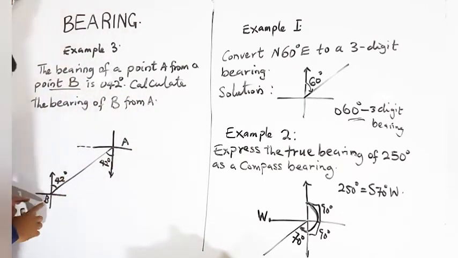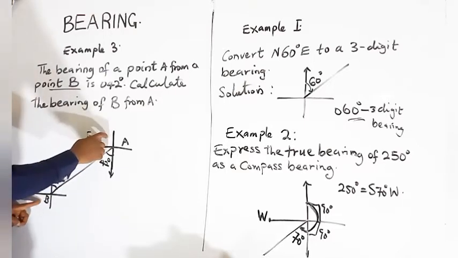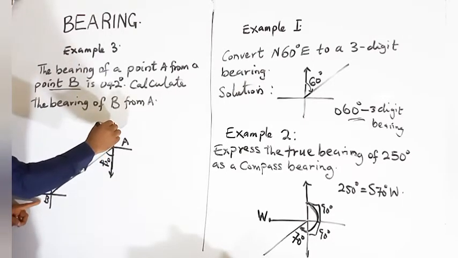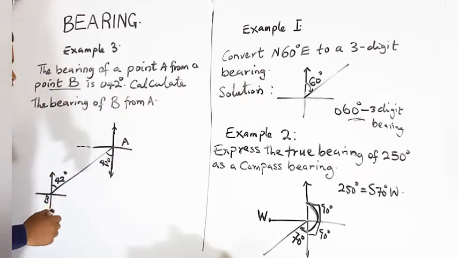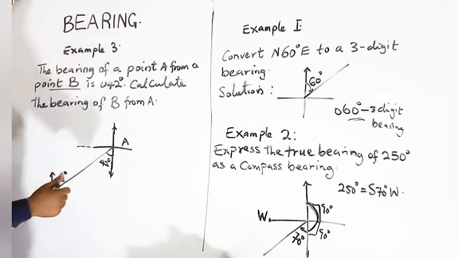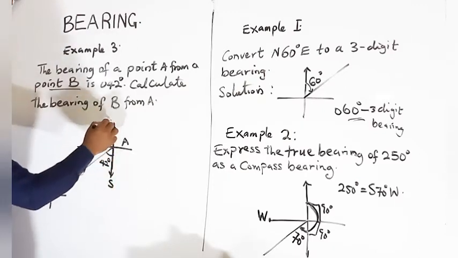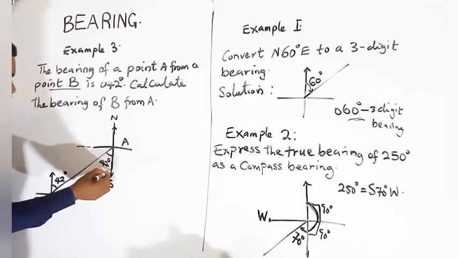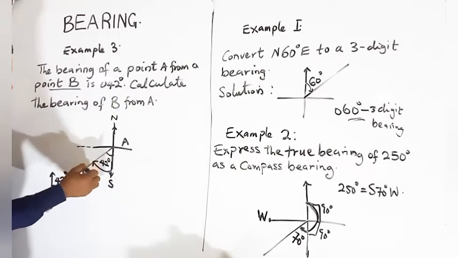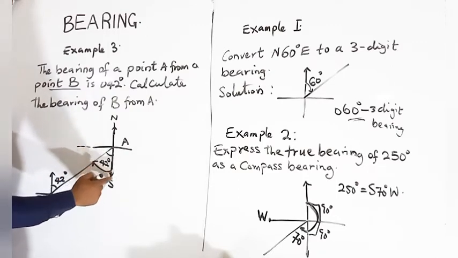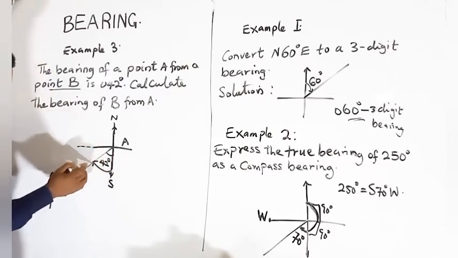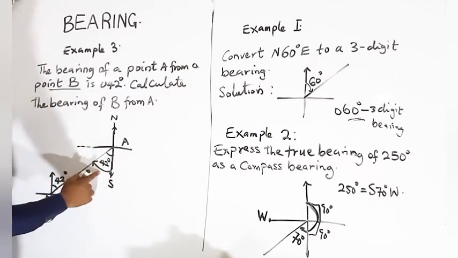Now, for you to be able to get the bearing of B from A, you need to measure. This is south, this is north, right? Then from here to here, what is the angle? From this south to this line that joined B is 42 degrees.